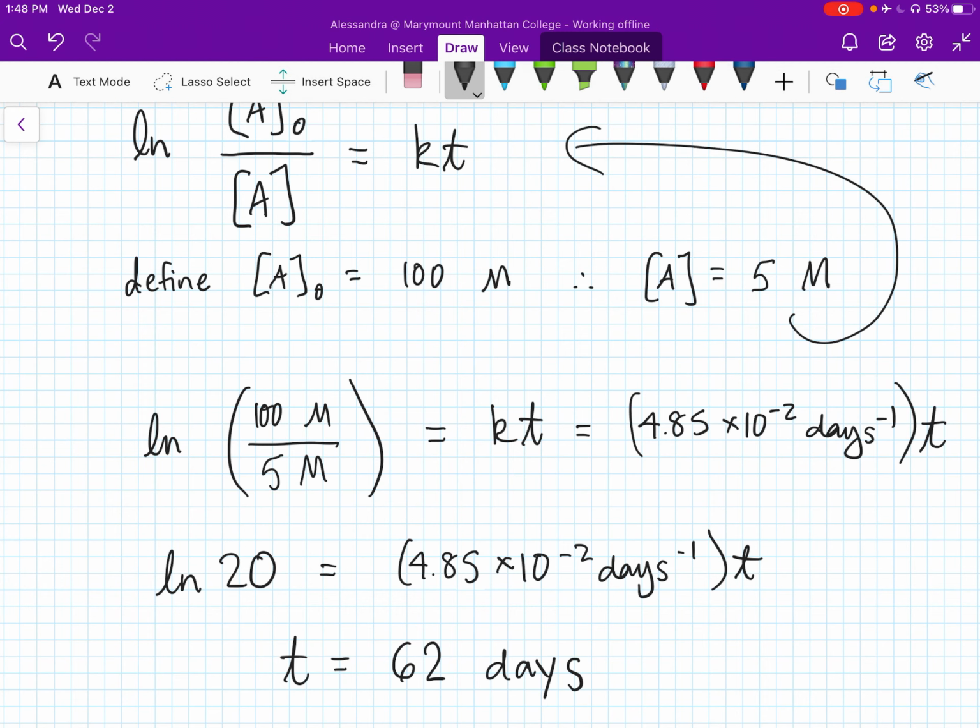Okay, so natural log of 20 divided by 4.85 times 10 to the minus 2 gives me a time of 62 days. So this tells me how long it will take for 95% of that phosphorus 32 isotope to decay, using the expression for the half-life for first order reactions, and then also using the integrated rate law for first order kinetics.